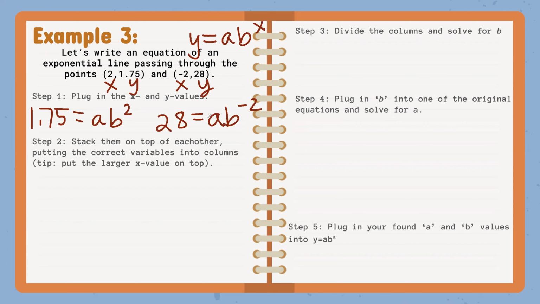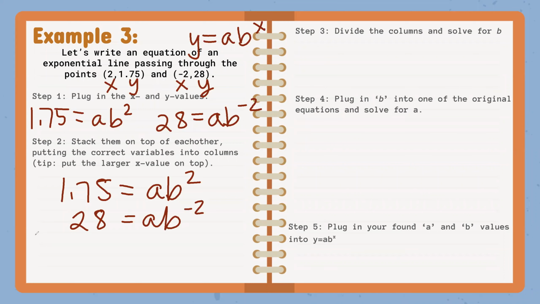Okay, I'm going to go ahead and stack them. I'm going to put 1.75 is equal to ab squared. And I will put 28 is equal to ab to the negative 2 below it. I'm now going to divide out the columns. So if I do 1.75 divided by 28, I do get kind of a simple decimal, 0.0625.